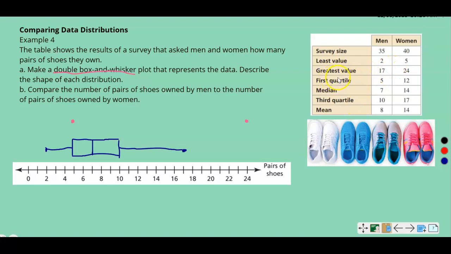All right, so now we have the first quartile, the median. I don't know why, but I like to put the middle in first. So 14 is going to be the middle. That's going to be the median. And then first quartile would be 12. And then third quartile, which is my Q3, would be 17.